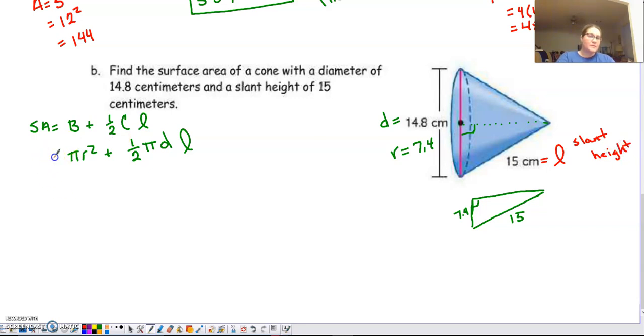Okay, so I have all the things I need to plug into this. So I know that this is pi r squared, because this is the area of a circle. That's what this cone is.